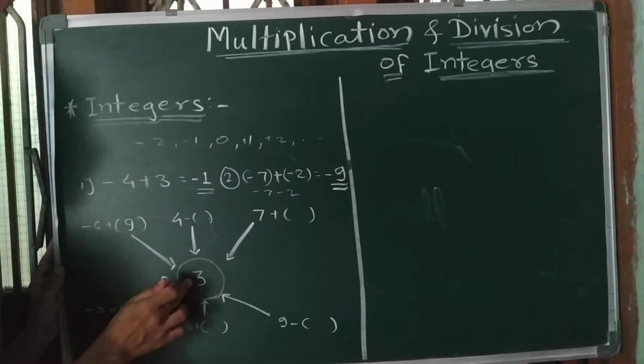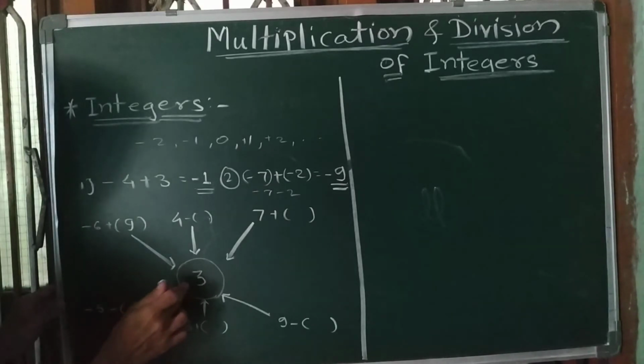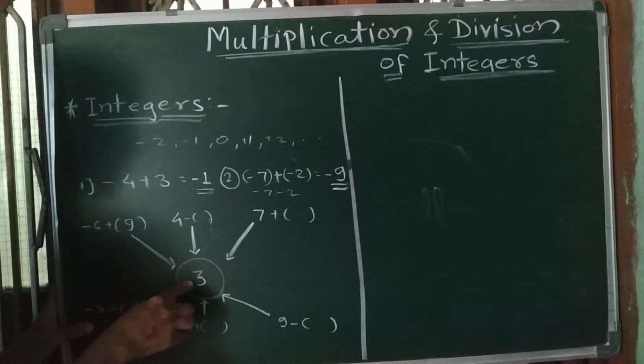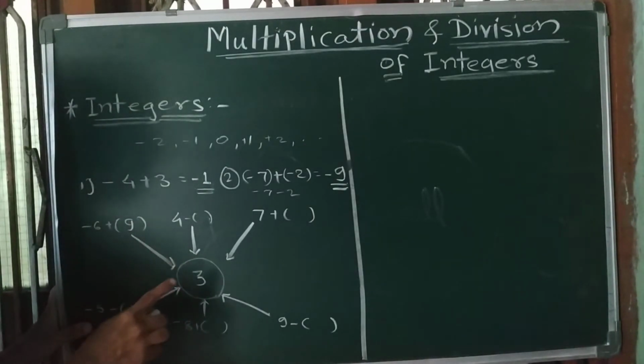Understood? Again we want positive 3 from these integers. What do we have to do? Here the greater number should have the positive sign, because this 3 is positive, so our answer will get the positive sign.